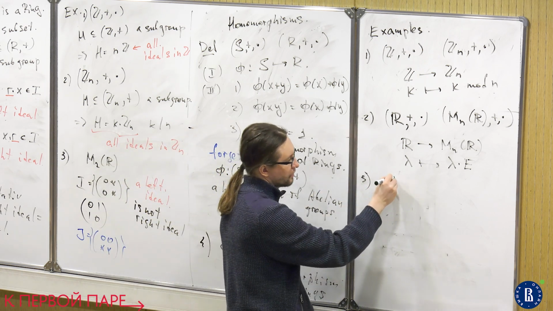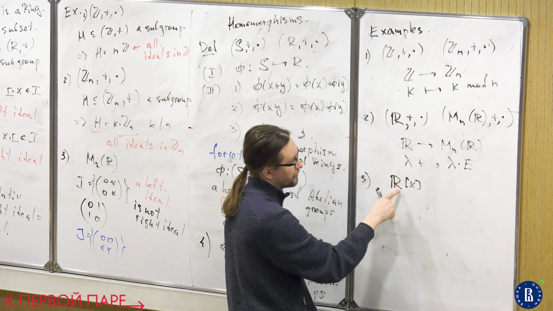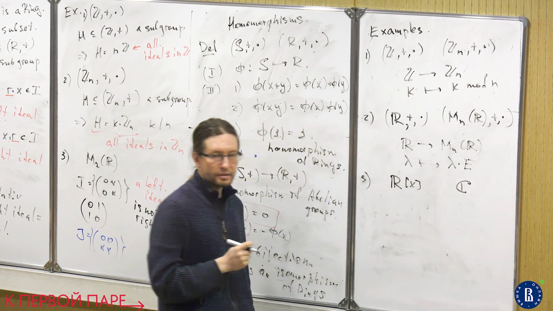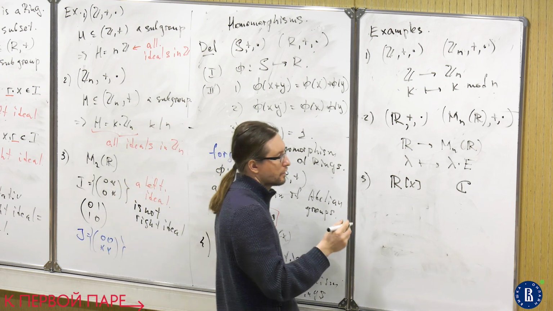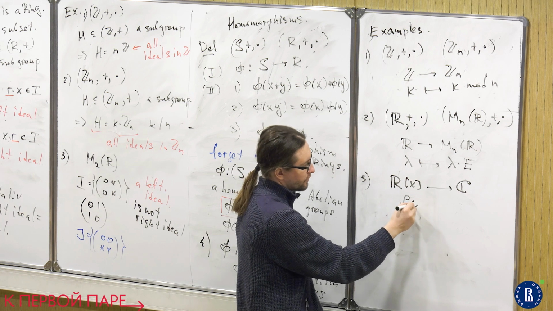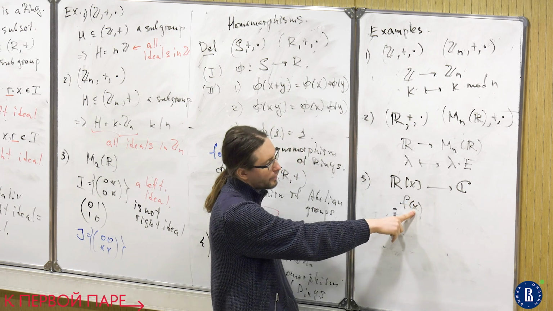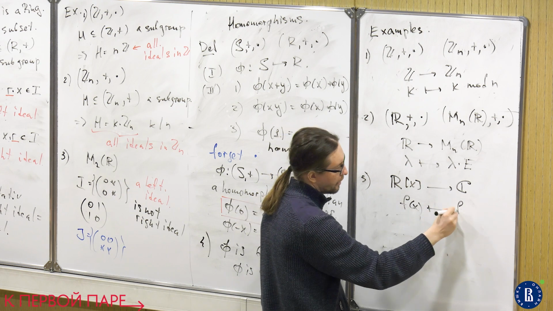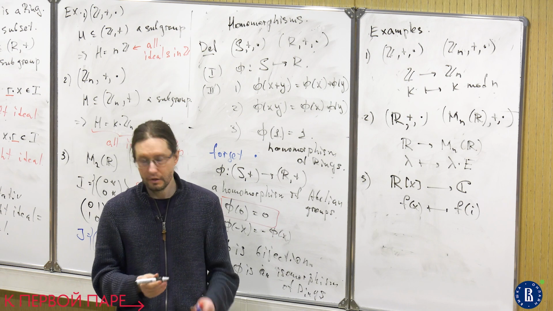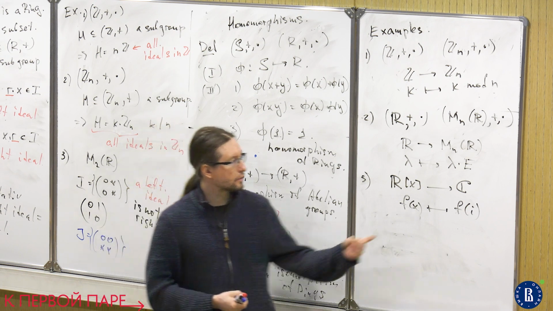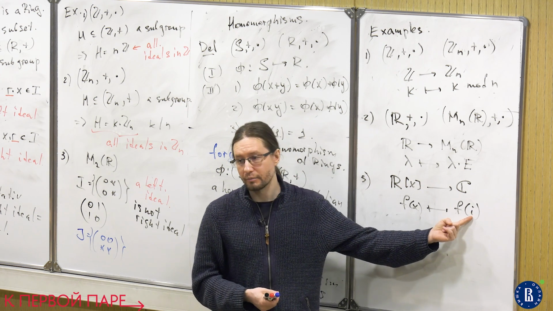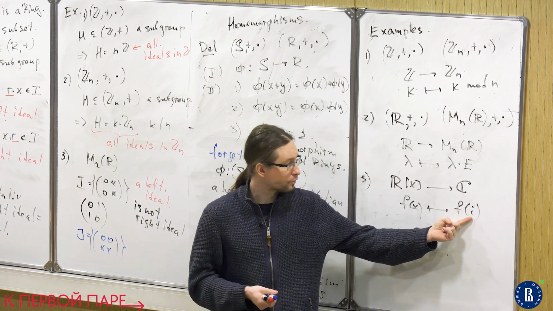Now, let's take polynomials with real coefficients, and let's take the complex numbers. Then I have a map which substitutes i instead of x. Let's say f of x goes to f of i. You just substitute an element of the field C. Well, you can actually use any complex number here, or even a real number, it doesn't matter which one.